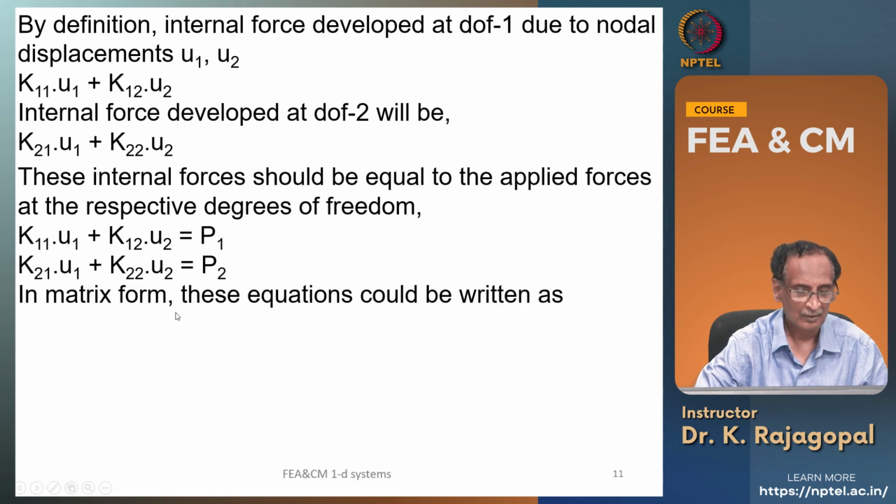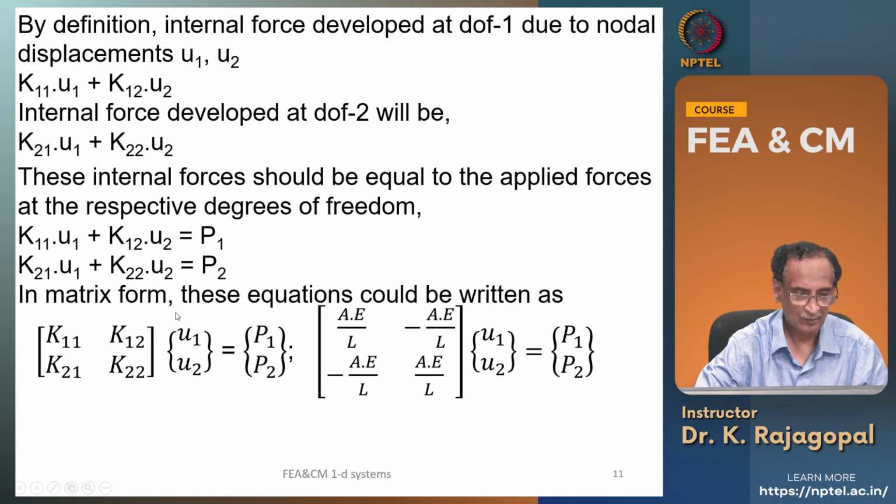And we can write this in a matrix form like this: K11, K12, K21, K22, u1, u2 is equal to P1, P2.